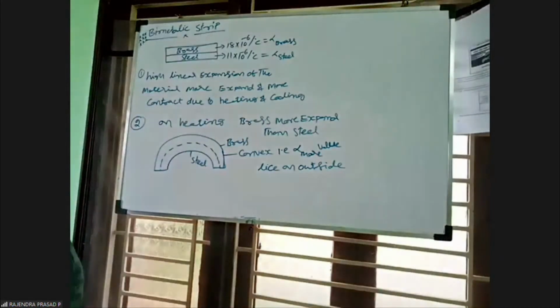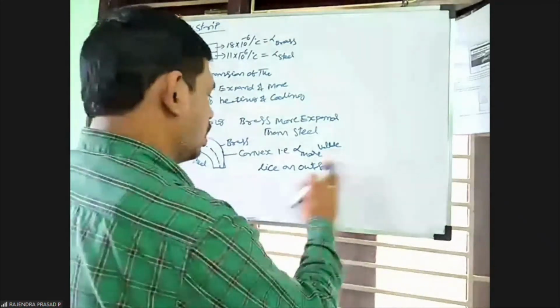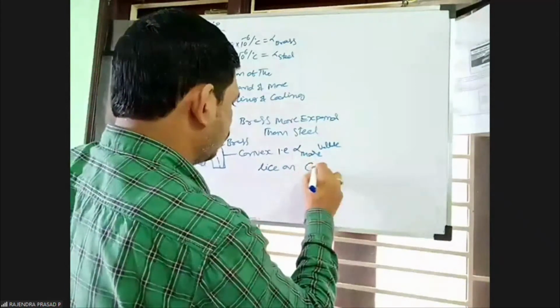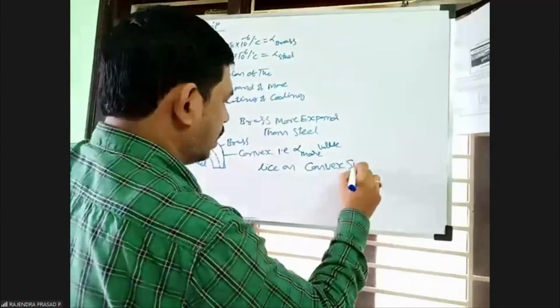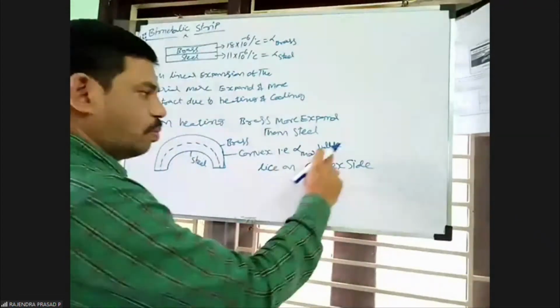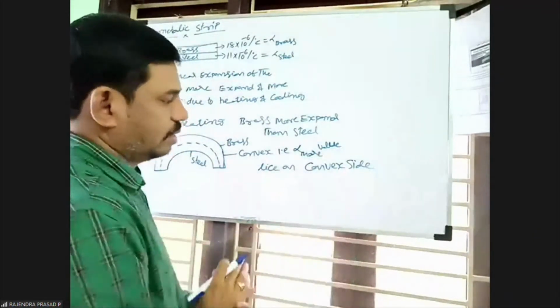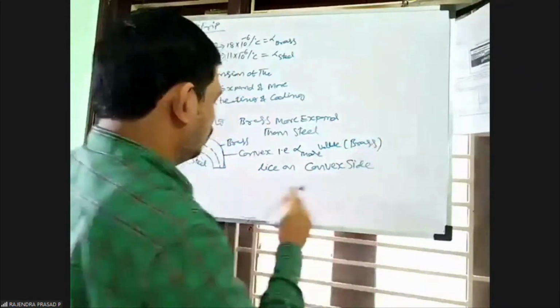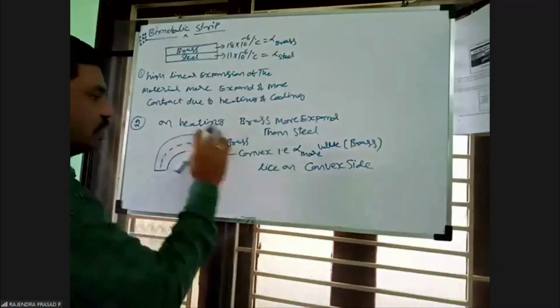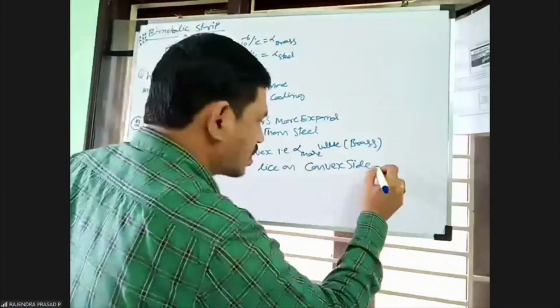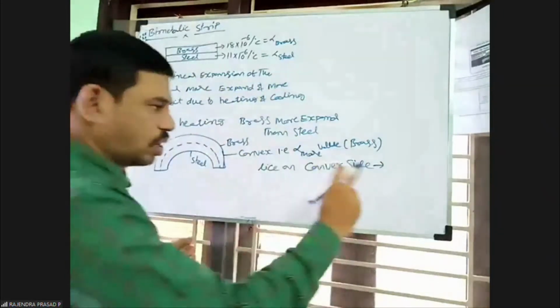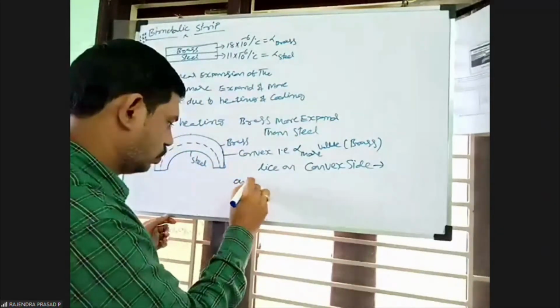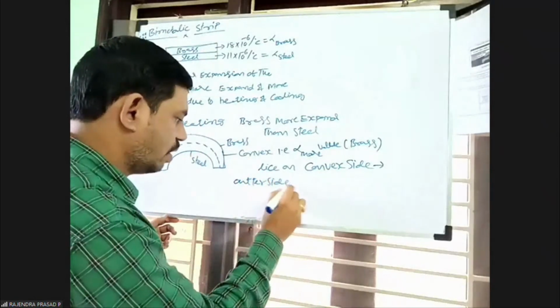So the higher alpha value lies on the convex side, and higher alpha value means brass. Brass is on the convex side, which means the outer side. This is very, very important.